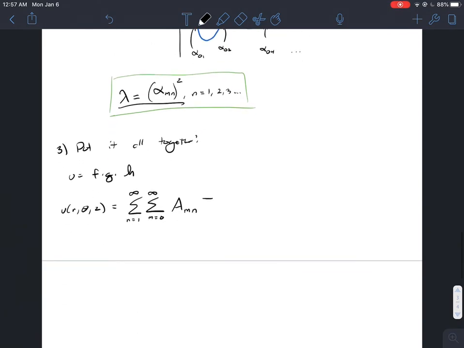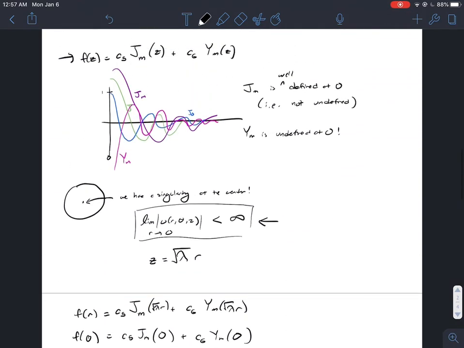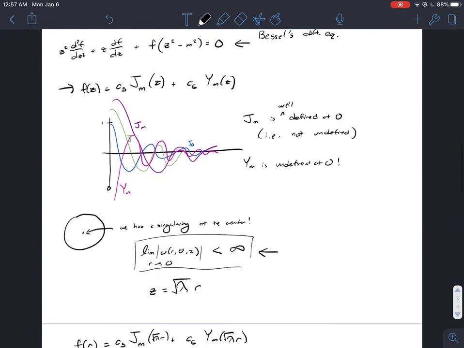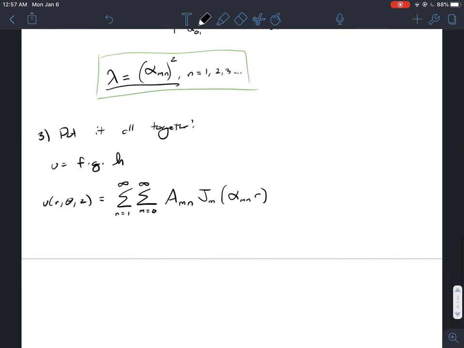Then we're going to have this J m term. J of m is equal to square root lambda, so alpha mn times r, times one of these g theta terms. So let's do sine theta first. Sine m theta.